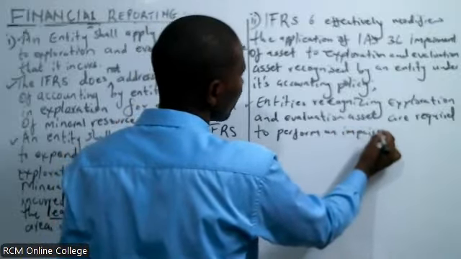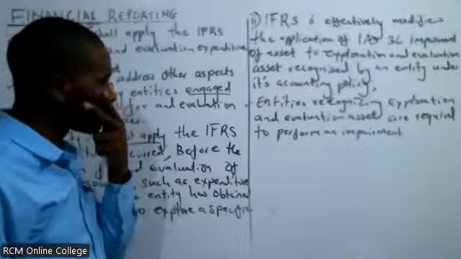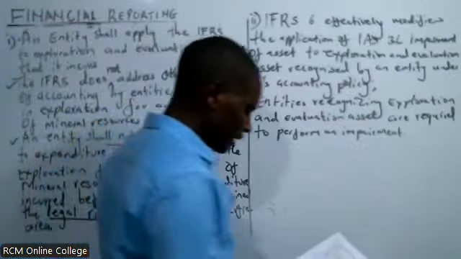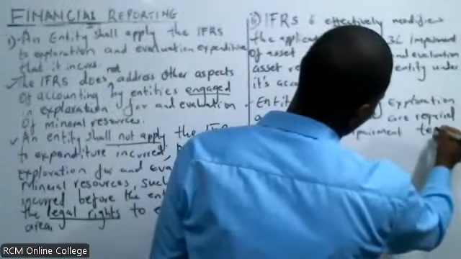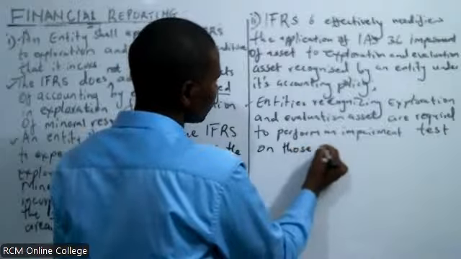You know, impairment is the reduction of value of that asset. They are required to perform an impairment test on those assets.